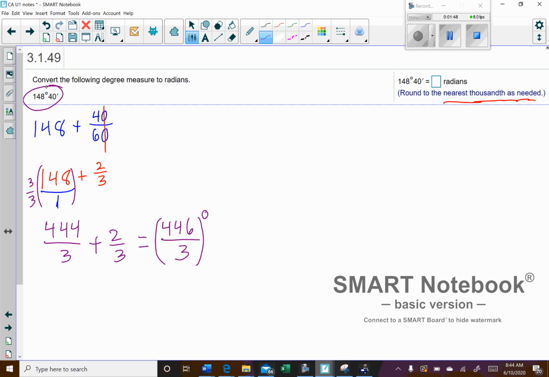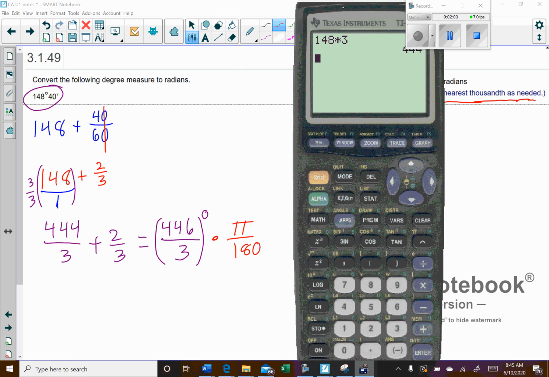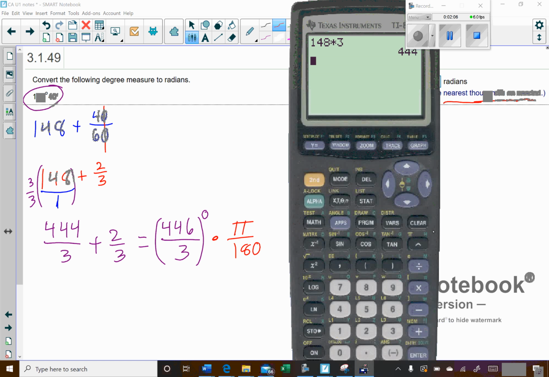And so now they want the answer in radians, all right? So what we're going to do is multiply by pi over 180. I'll stick all that in the calculator and then we'll have to round. So let's see.